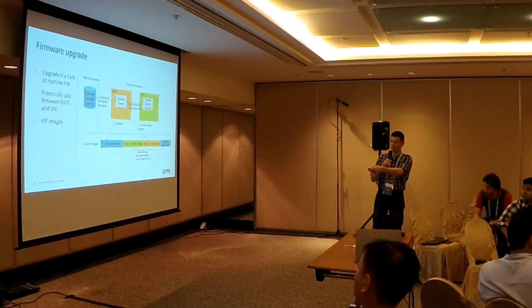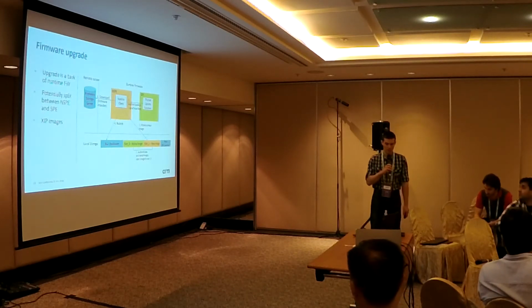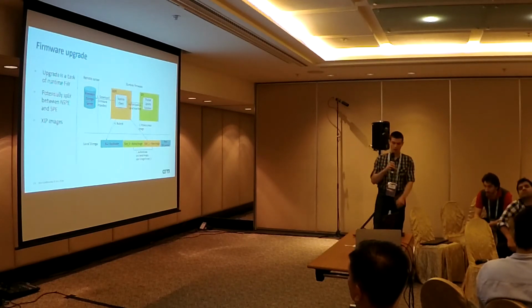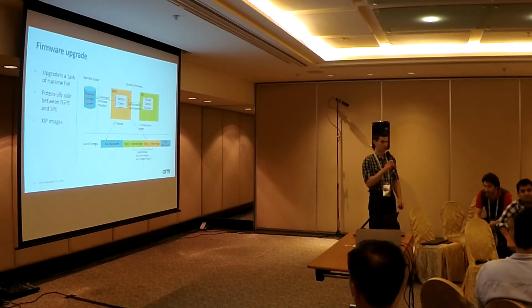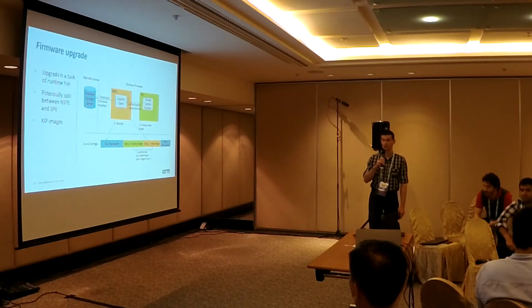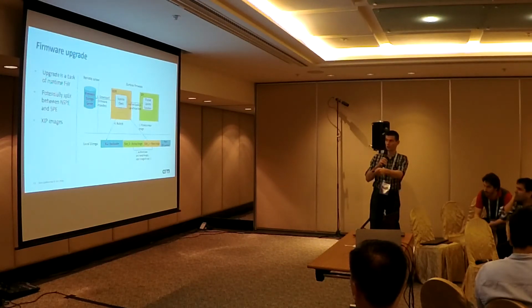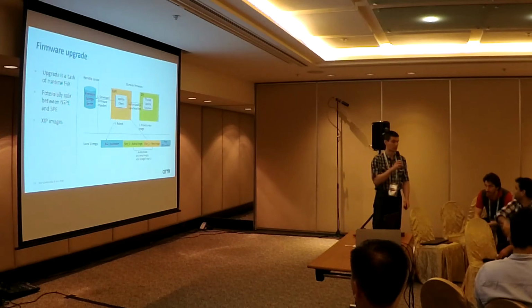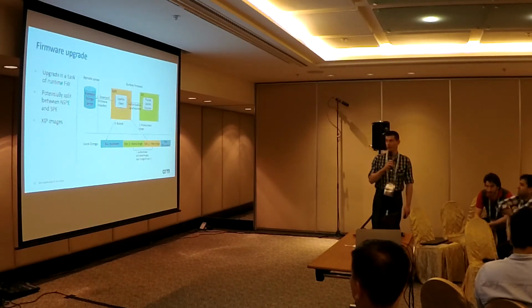After we get the new firmware, it must be authenticated before writing it to the flash. The reason is that it's a good idea to authenticate before writing, because you might get some arbitrary code from somewhere else, which can be a denial of service attack as well.